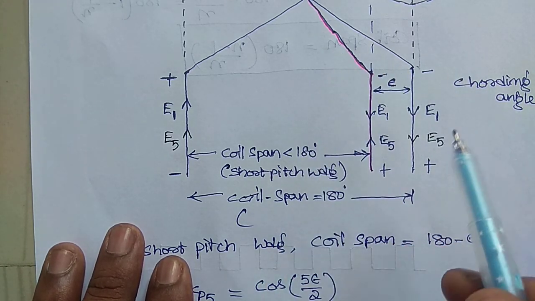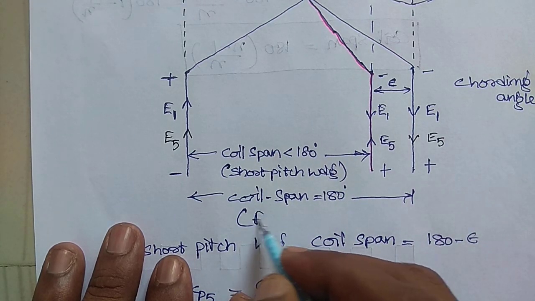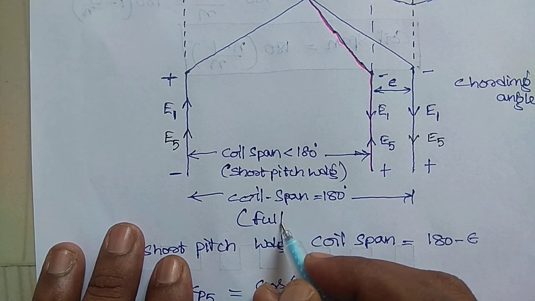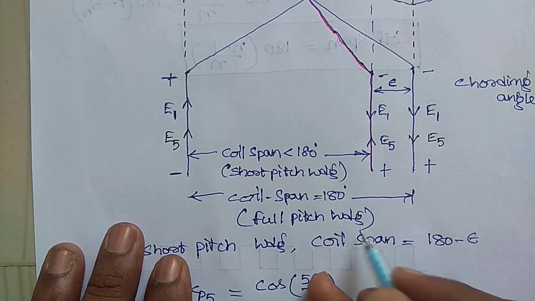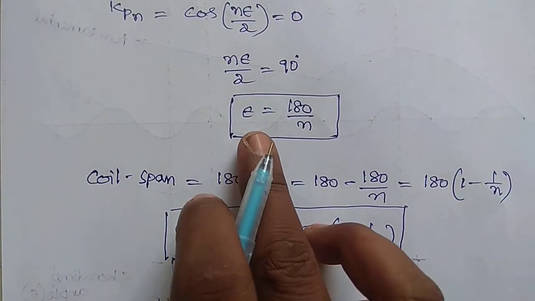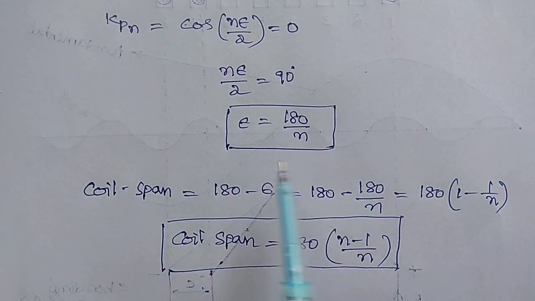In order to eliminate the 5th and 7th, we use this short pitch winding. Here, coil span equal to 180 means it is a full pitch winding. Okay. So this is a very important formula. When you go for any competitive examination, remember these two formulas.